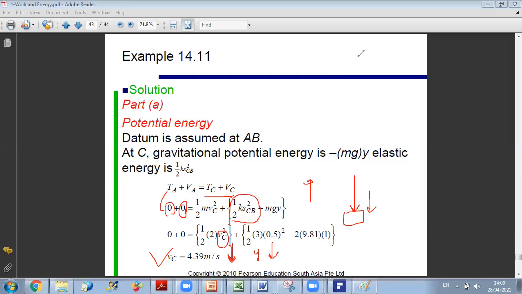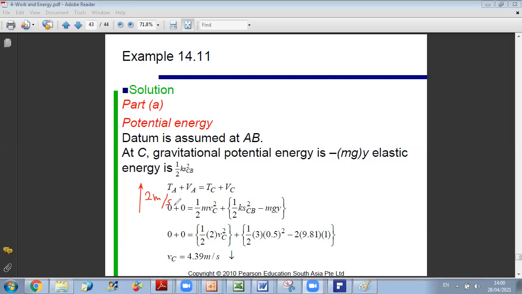Okay. Now the second question was, what if we give A an upward velocity of 2 meters per second? So instead of releasing it from rest, we give the collar an upward velocity of 2 meters per second.